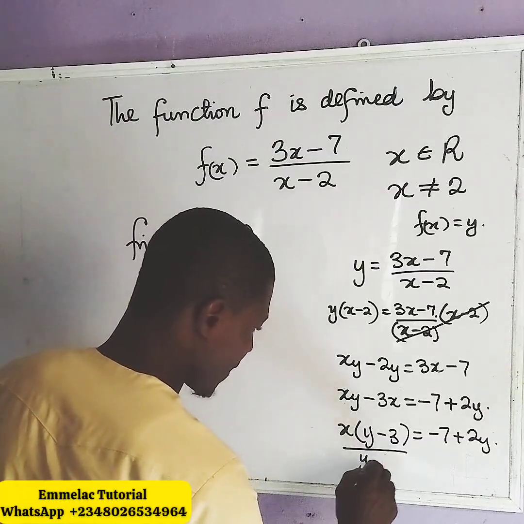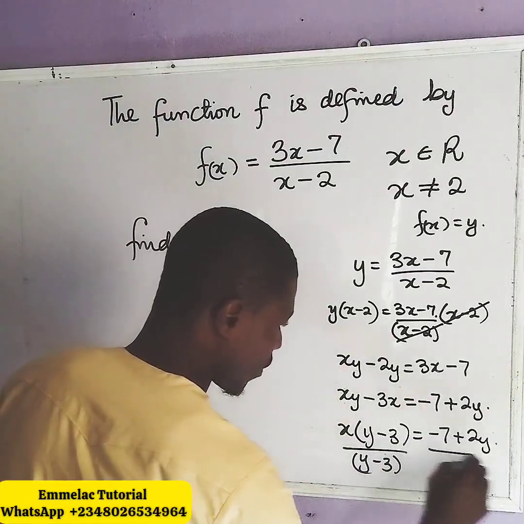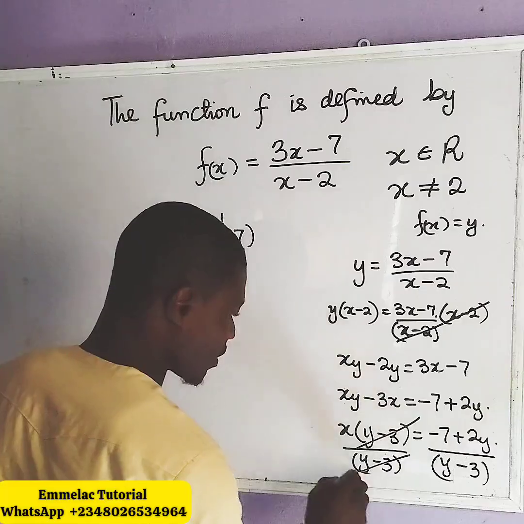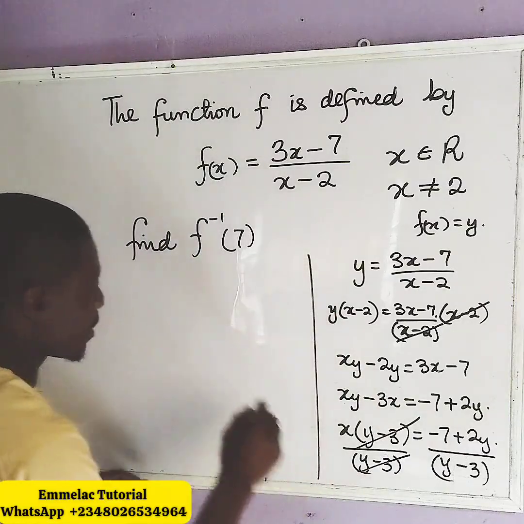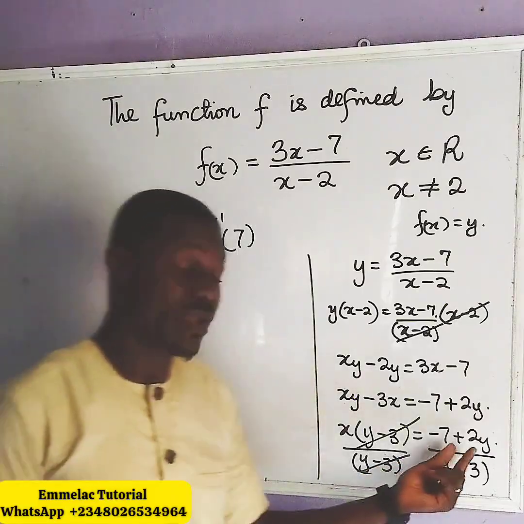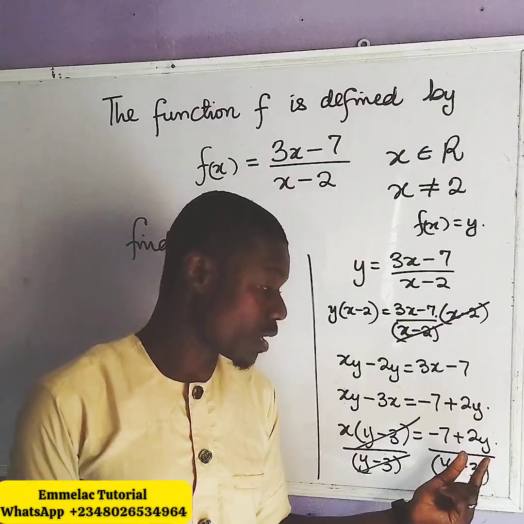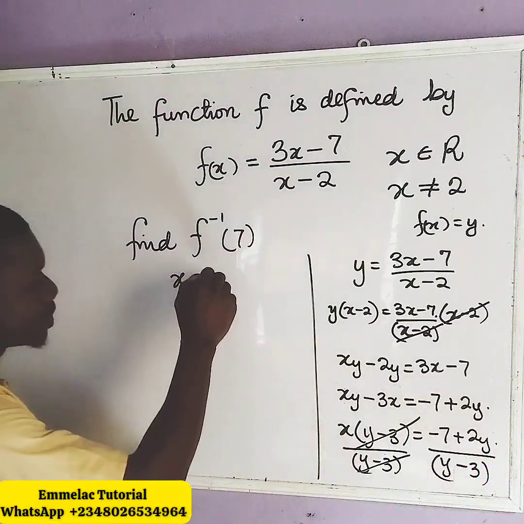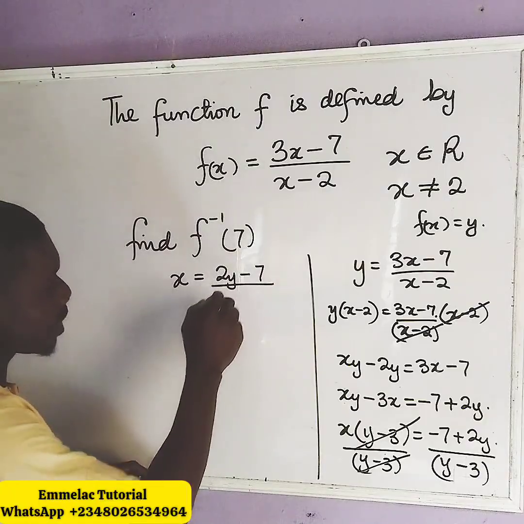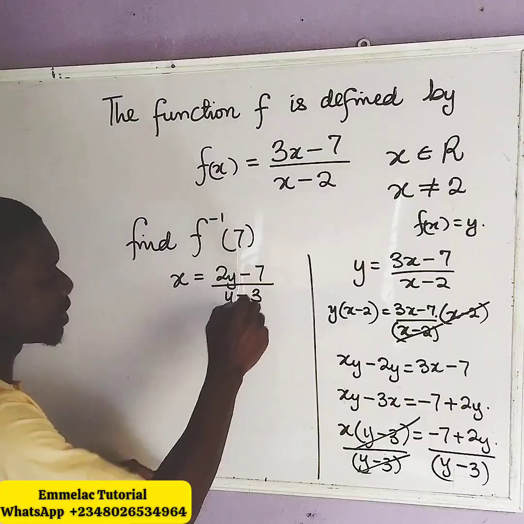So here you have y minus 3 all over y minus 3, then this cancels out this. So our x now becomes, let me rearrange it so that it looks clearer, 2y minus 7 all over y minus 3.